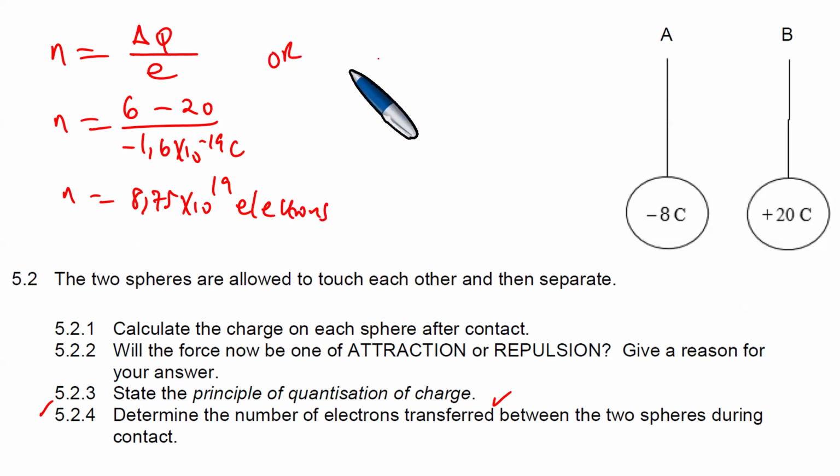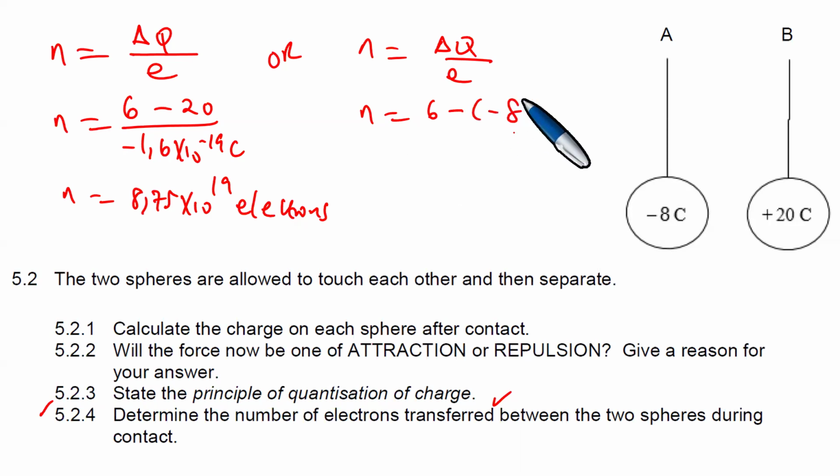If we don't want to do it like this, you can also say the number of electrons transferred will be the change in Q divided by the charge on one electron. The final one became 6, and we subtract the initial one.